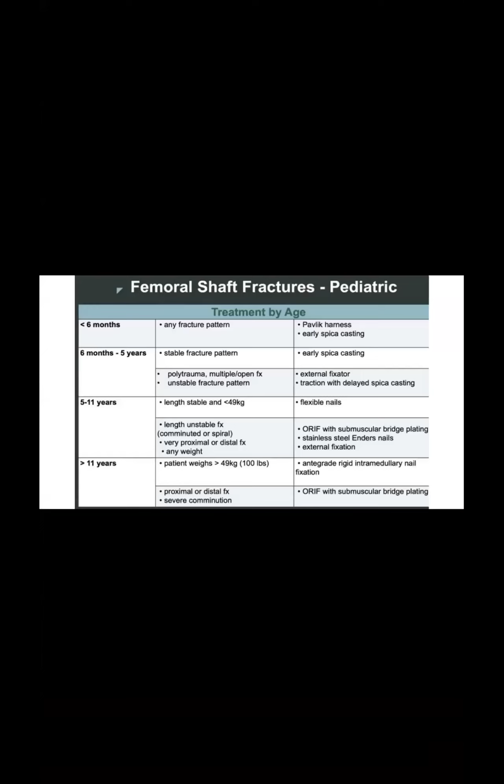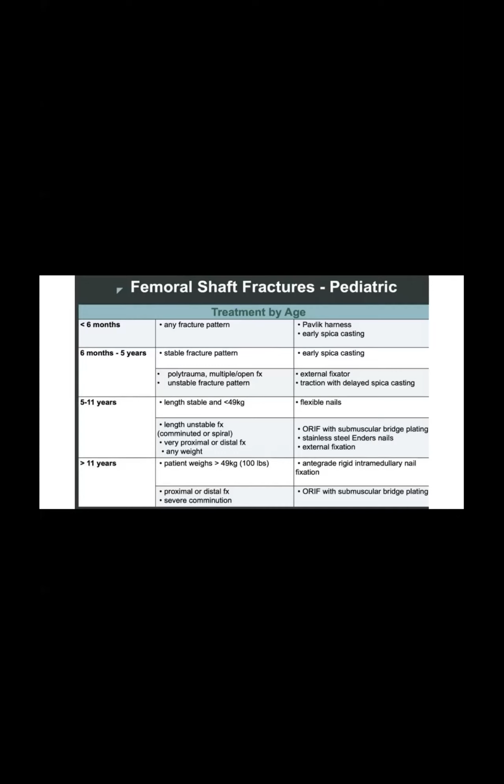Femoral shaft fracture pediatric treatment, remember: below 6 months, any fracture pattern, pelvic harness or early spica casting. In the exam, they ask early spica casting in the option. 6 months to 5 years, stable fracture pattern, early spica casting; polytrauma or multiple open fractures, external fixator. 5 to 11 years, if below 49 kg, flexible nails. If length unstable fracture, ORIF with submuscular bridge plating.